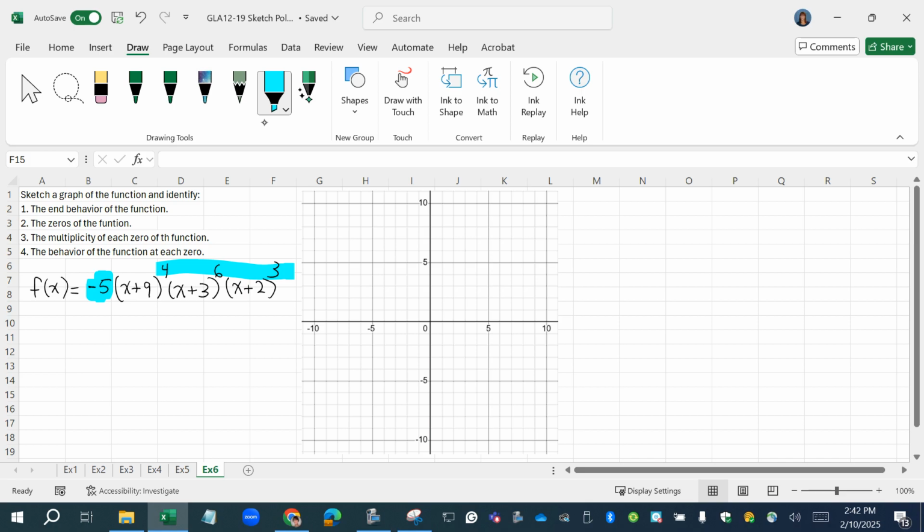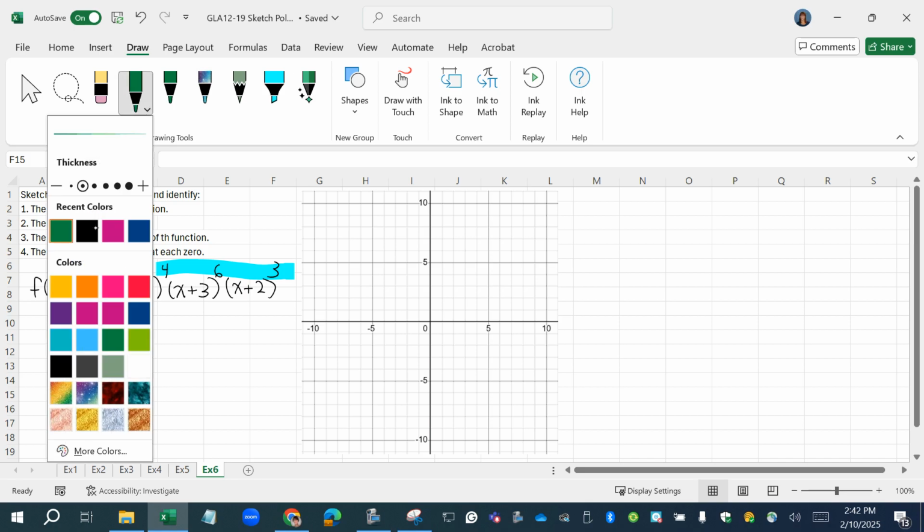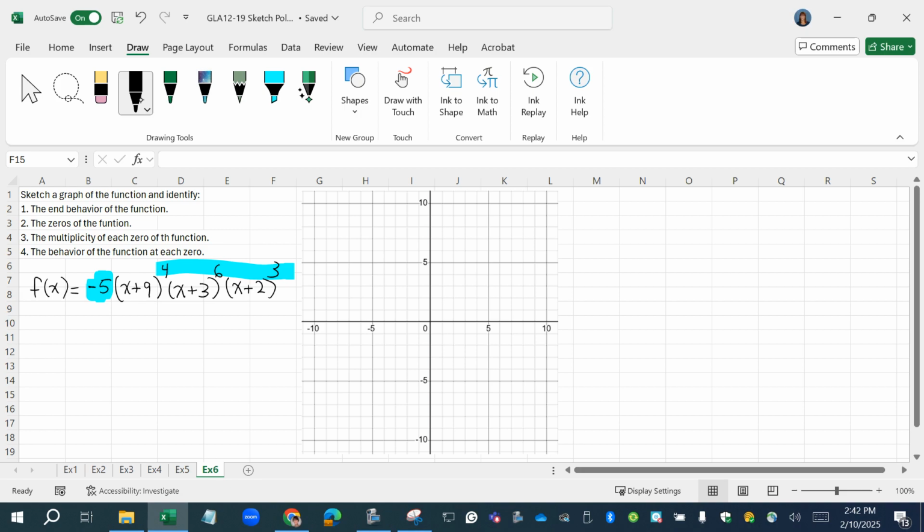So I am going to first figure out what is the highest power on x when I simplify this. Well, that's going to be quite a lot of work to do. If I simplify this like I did the line, I'm going to have to start simplifying. Look, I'll leave the -5 out, and then I'm going to have to write this quantity x plus 9 to the power of 4.